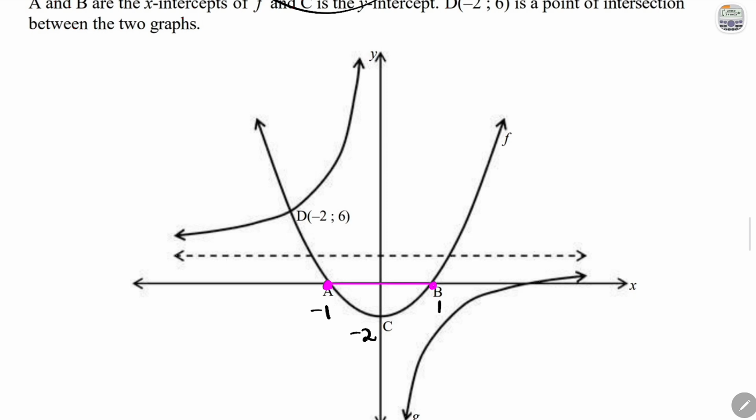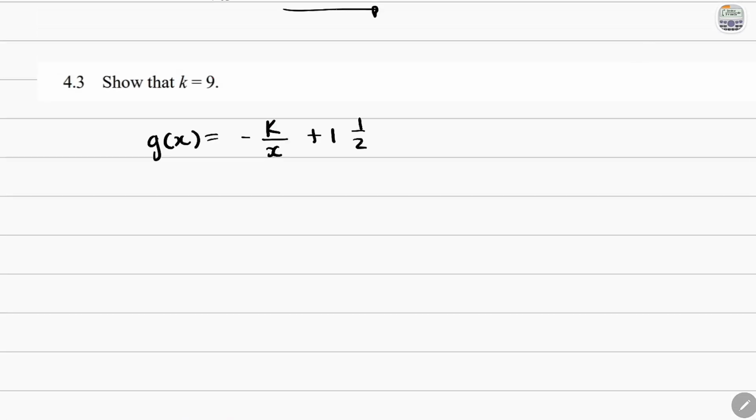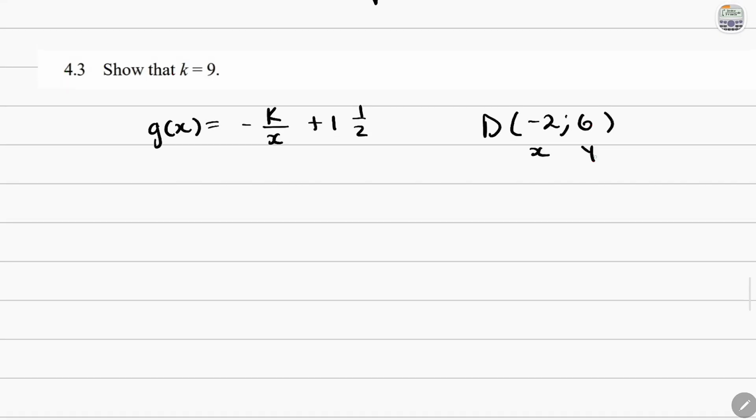Look at your graph of g, and do you have a point on this graph which you can use? Yes, we do. We have D, okay, which is -2 and 6. So put down the equation of g and then substitute that point. So remember that D is -2 and 6, and we're going to just put this in place of x and y. Remember, this is 3 over 2.